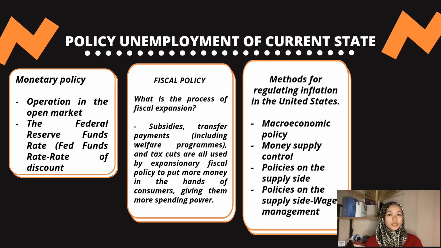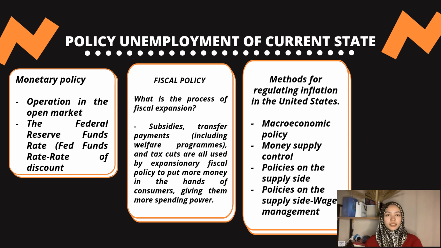Monetarists argue that because the money supply and inflation are so closely connected, controlling inflation requires limiting the money supply. Third is supply-side policies. Strategies for increasing economic competitiveness and efficiency while reducing long-term costs. Fourth is fiscal policy.